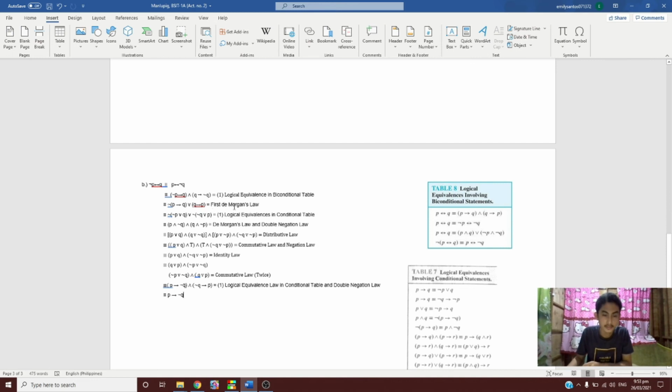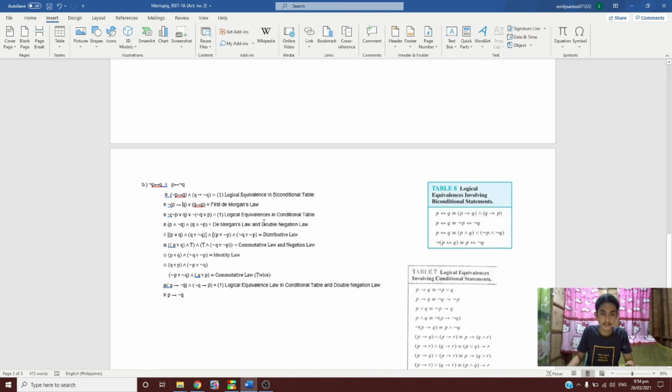Next is the first De Morgan's law. As you can see, I distributed the negation. It has negation here, and this part has no negation. Next is Q, and then the conjunction turns into this disjunction, Q and P. That is my step going into the next one.